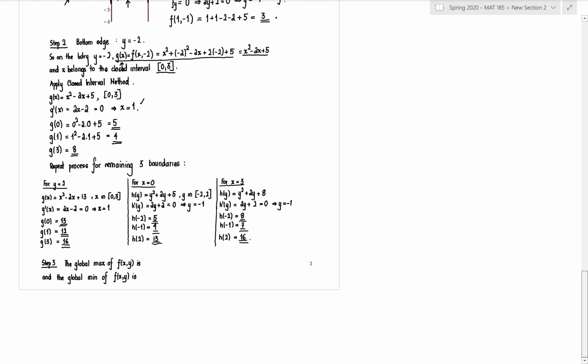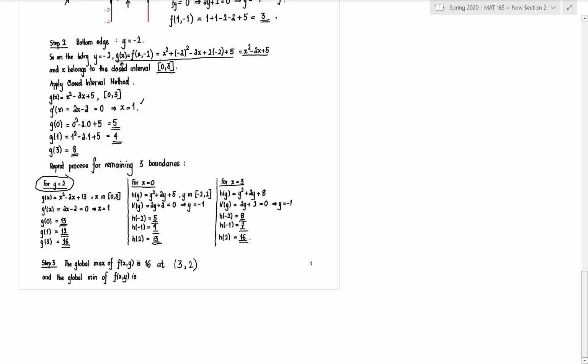So if you compare all of these numbers, what is the maximum value you see? Well, the maximum value we see is 16, right here at x is equal to 3. And do we know what the value of y is? Remember, this was exactly the point where y is equal to 2. So we get the point (3, 2).